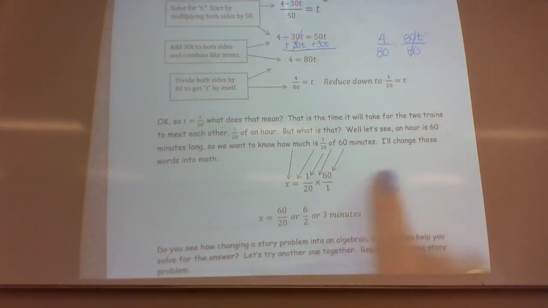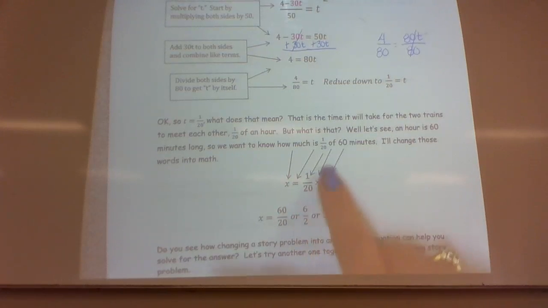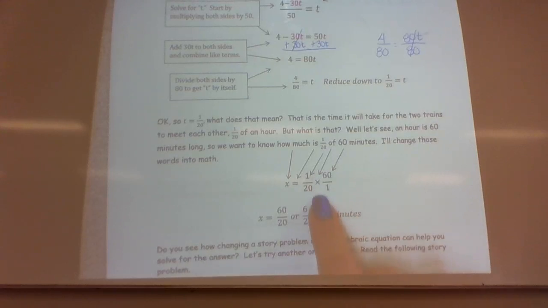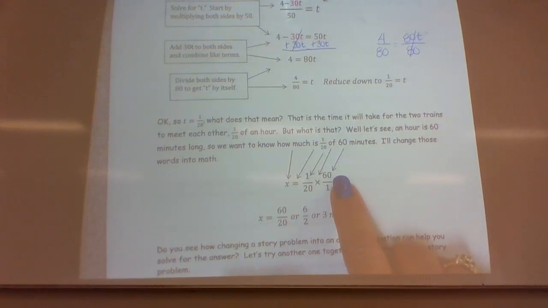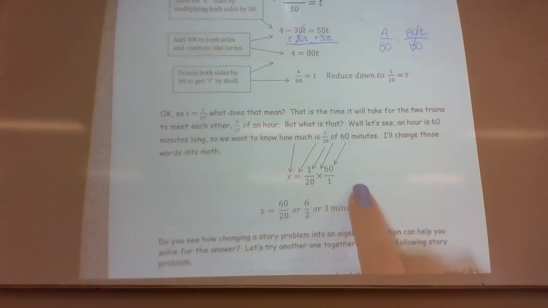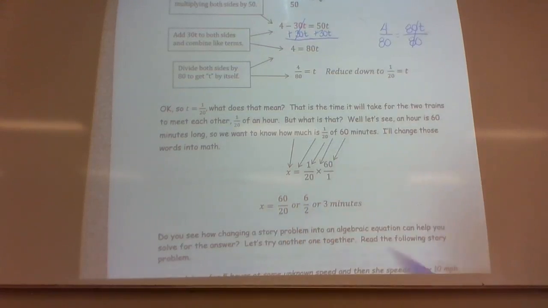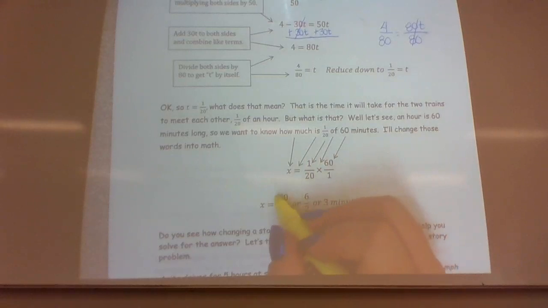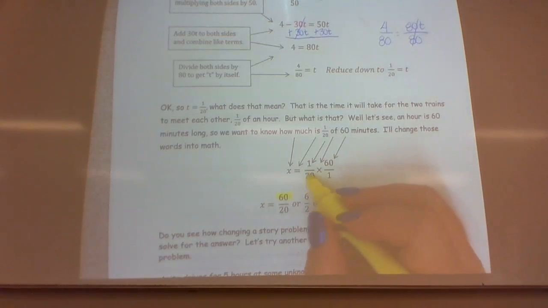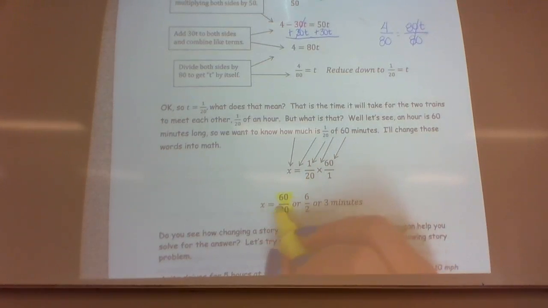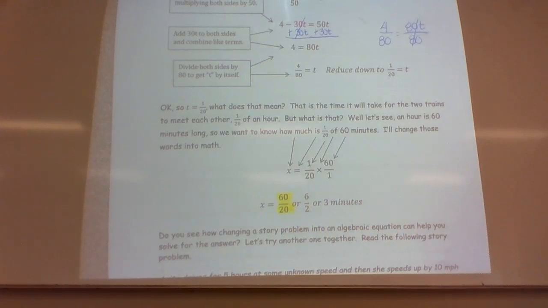Alright? So we have this situation here. We have 1/20th times 60 over 1, because this is in essence 60 minutes. We've just turned it into a fraction. And we know when we multiply fractions, we multiply across. So 1 times 60 is 60, and 20 times 1 is 20, okay?